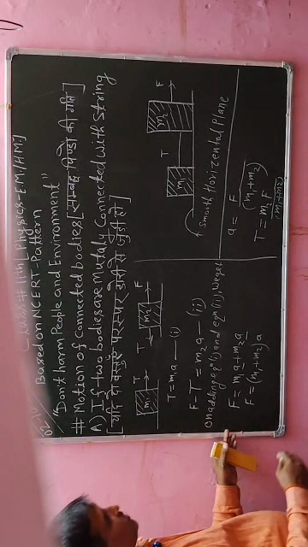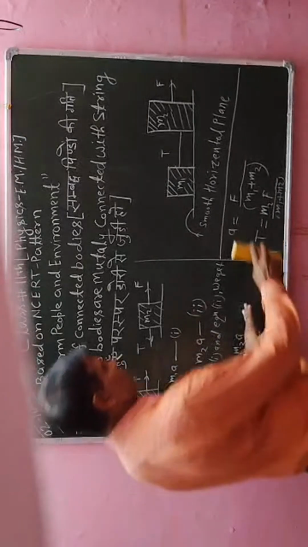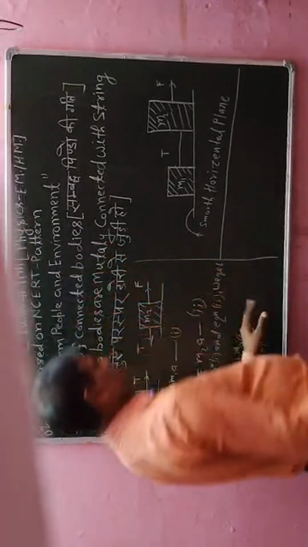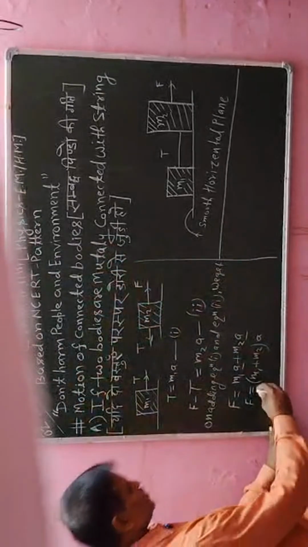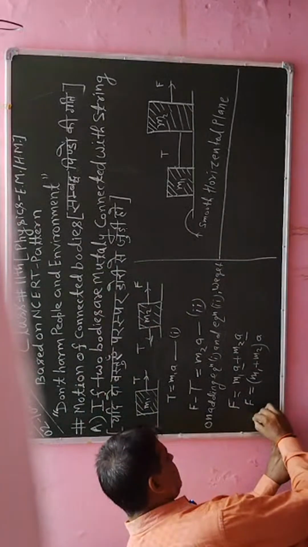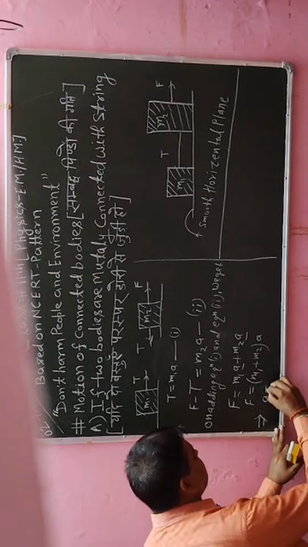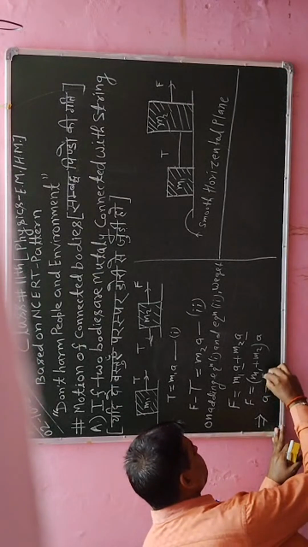Okay, now all this information I am going to erase here. After erasing, after simplification I have to write the acceleration A is equal to F divided by M1 plus M2.